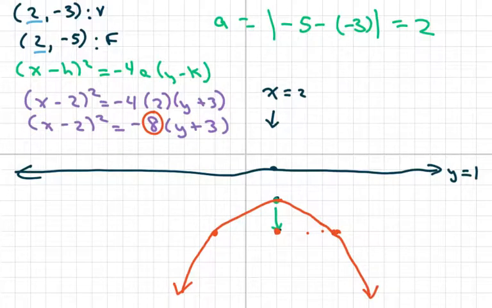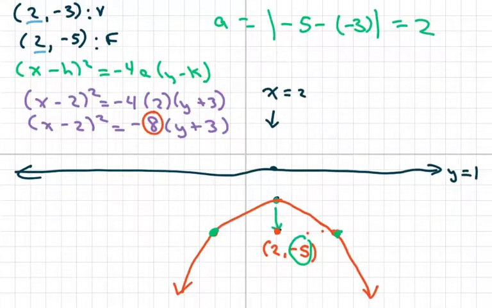Or what you can do is, since we know that this point here is 2, negative 5, plug it in to find what my x is. If we let y equals negative 5, what would be these two x's? I could do that algebraically.